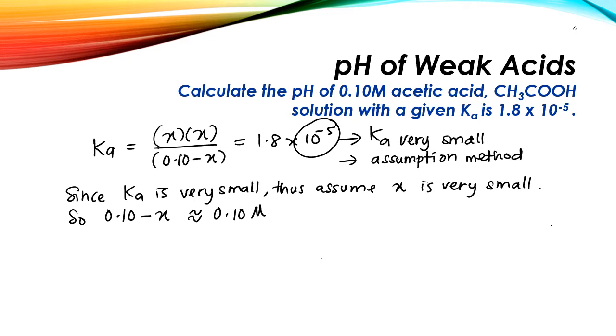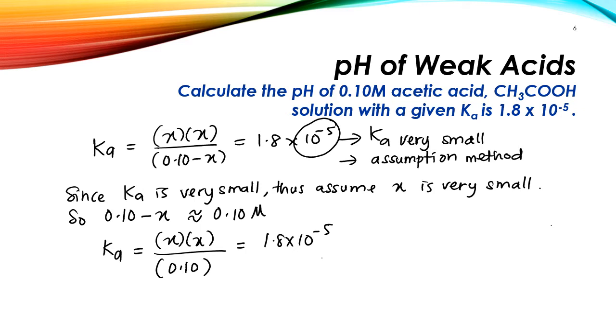Therefore, we can rewrite the equation of Ka as X squared divided by 0.10 only, whereas the X value, which is the amount dissociated from the acid, is neglected since it is very small. So the value is 1.8 exponent negative 5 for the Ka.